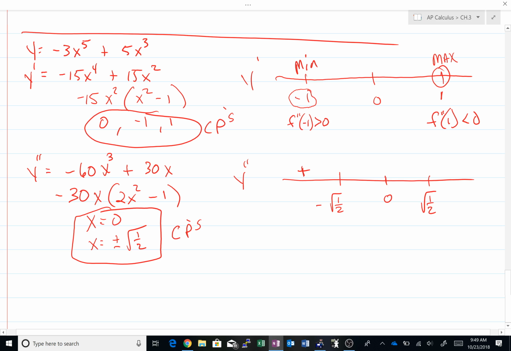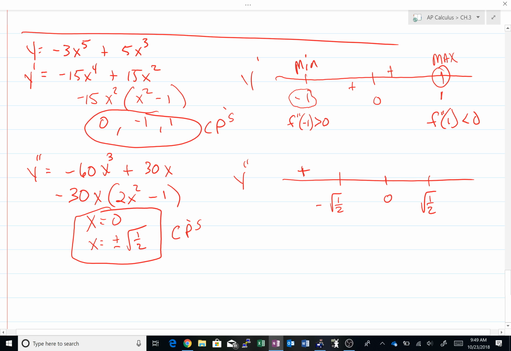How about negative 1/2? Negative 1/2 x cubed is going to be negative 1/8. Negative times a negative, you're going to be positive 60 over 8, which is about 7 point something.